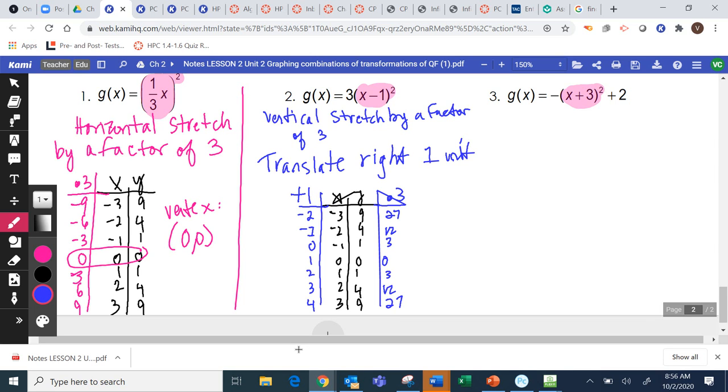Okay, so then I look across where my vertex normally is. Now my vertex is, I don't know what's going on with my computer, guys. Sorry, it's writing really bad. 1, 0.